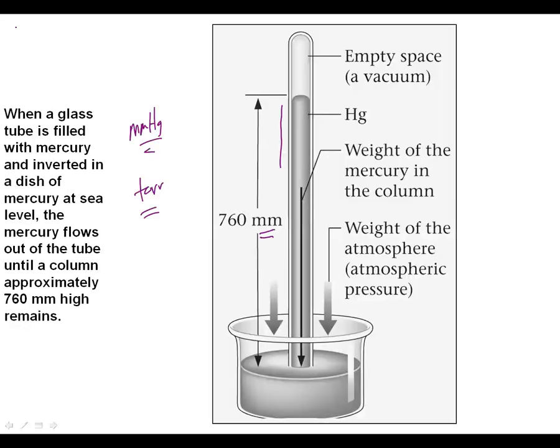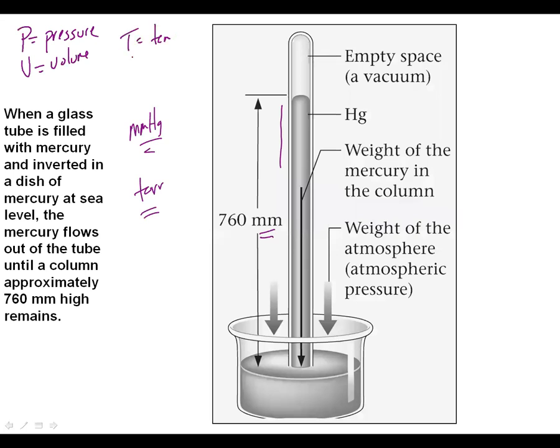So we're going to now talk about several different gas laws. And when we talk about gases, there are really three variables that we deal with: P, which is pressure, V, which is volume, and T, which is temperature.